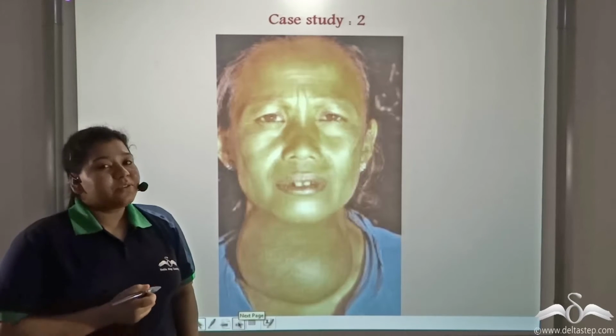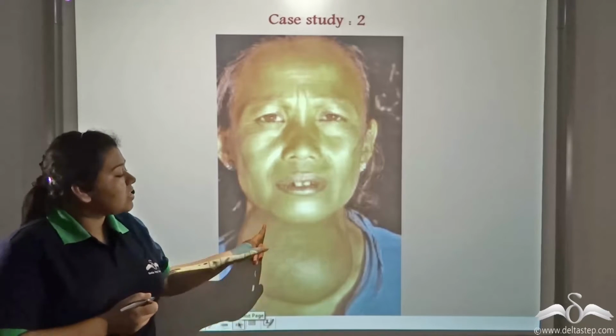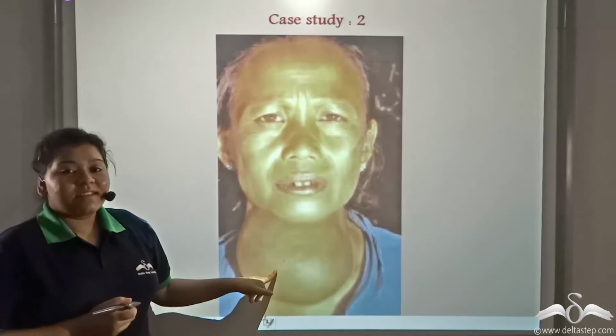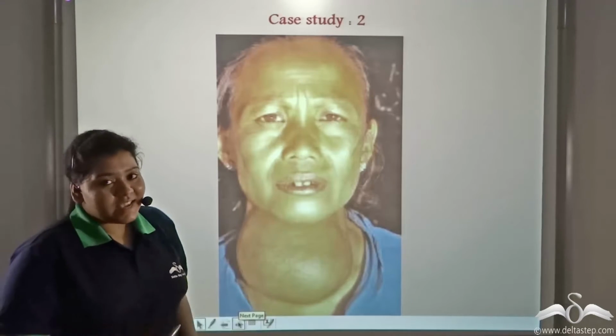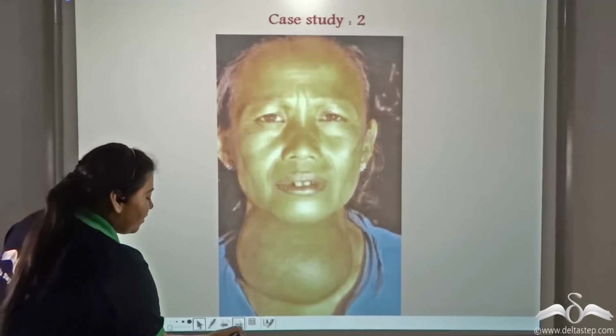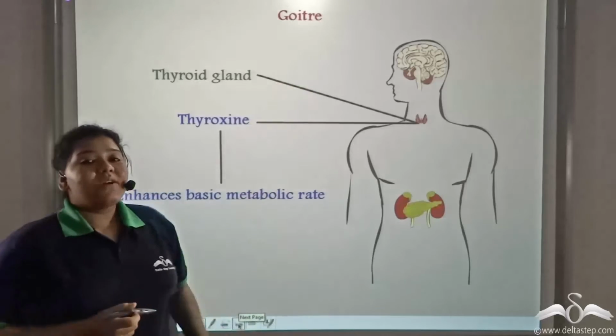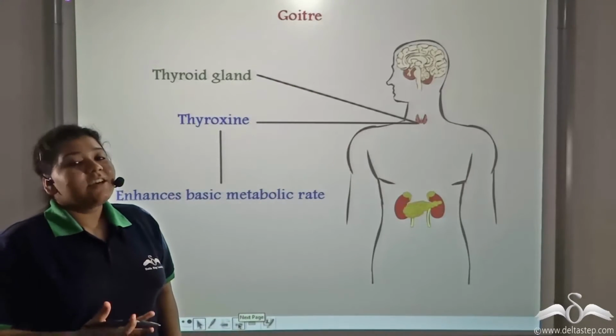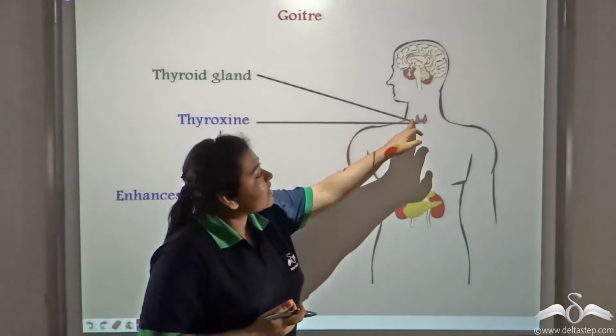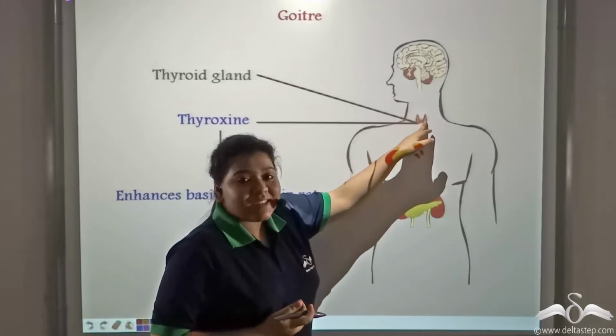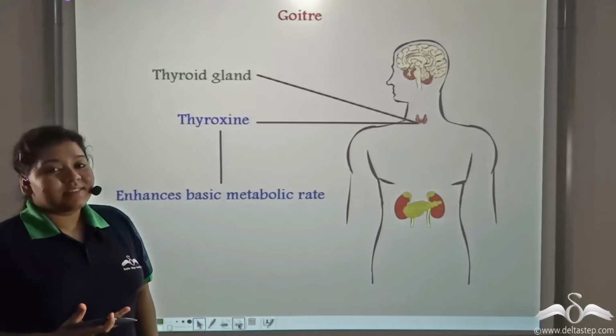This woman came to the doctor because she had a swelling in her neck. After doing several tests, the doctors confirmed that she has goiter. Now, goiter is a condition when the thyroid gland present in the neck region malfunctions.